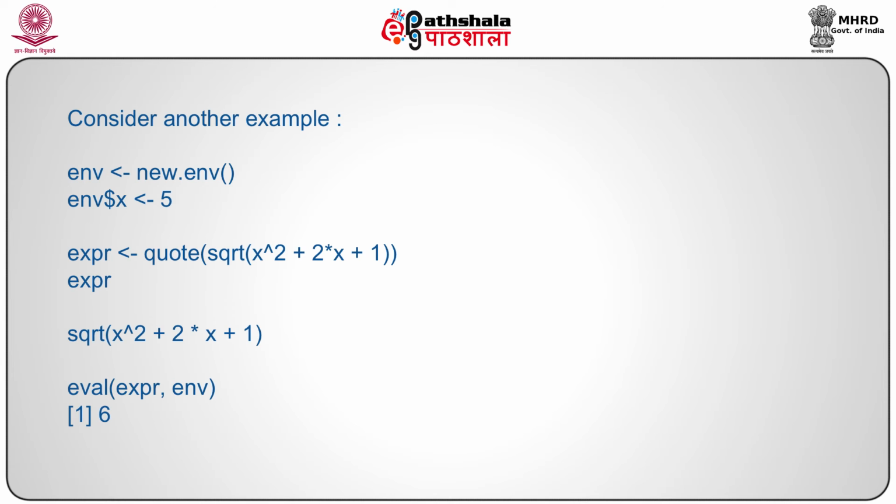That is the square root of x squared plus 2x plus 1 when x is equal to 5, and the final output is 6. This is a simple expression, so if you calculate it manually, the result will indeed be 6. So you can check whether you are going in the right direction or not.